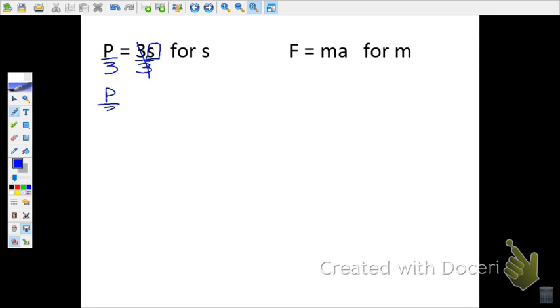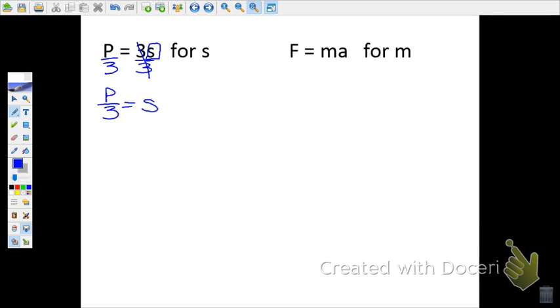So P over 3, which can't be simplified, is equal to S. So we're still doing those same processes, showing that work on both sides of the equation to solve for the variable.